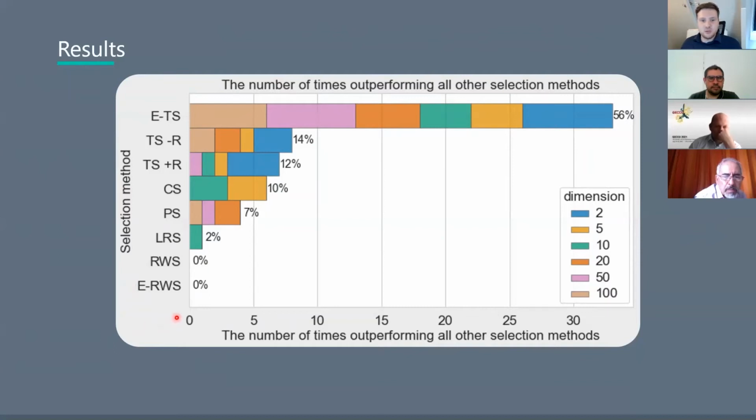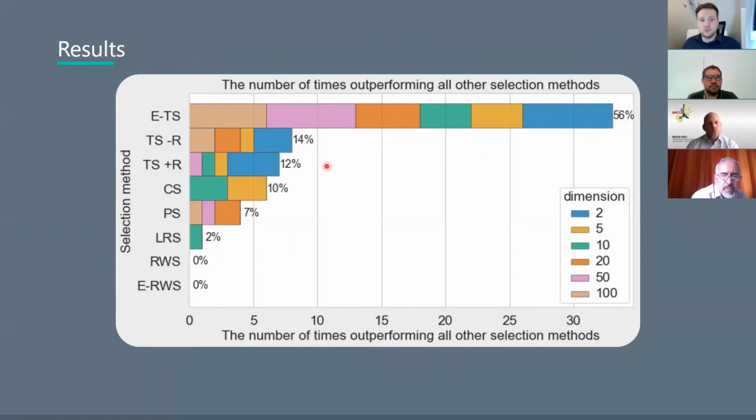What this plot shows is the number of times the selection method outperformed all other selection methods. So when it had the lowest error on a benchmark function instance of all 59 benchmark function instances. As you can see, the elitist tournament selection outperformed all other selection methods on 56% of all benchmark function instances, which I believe is high.